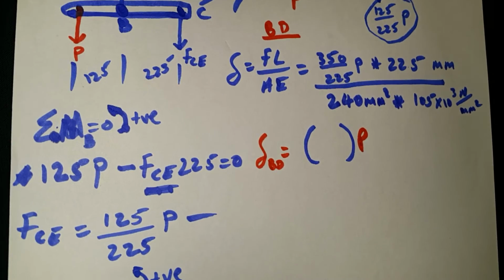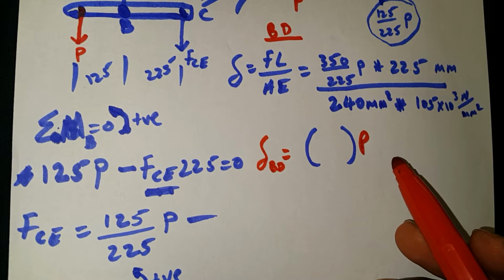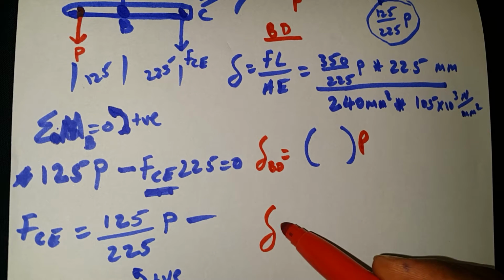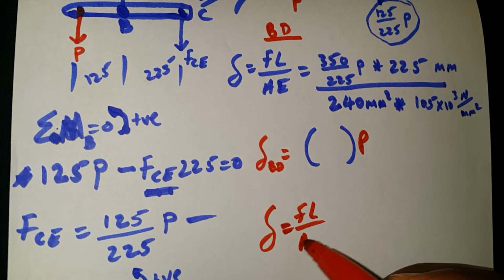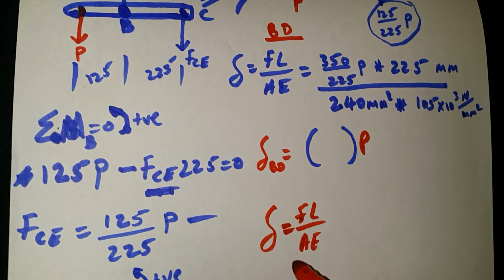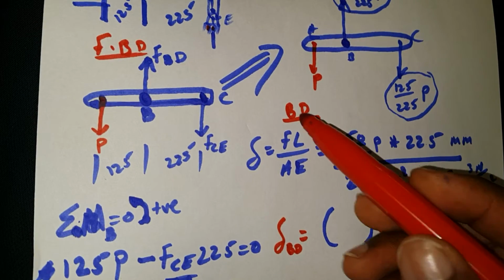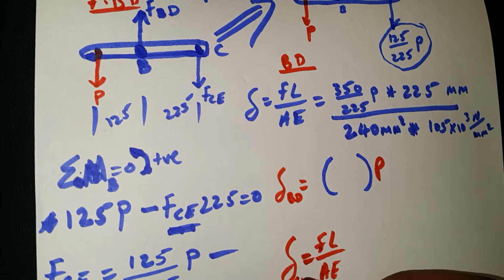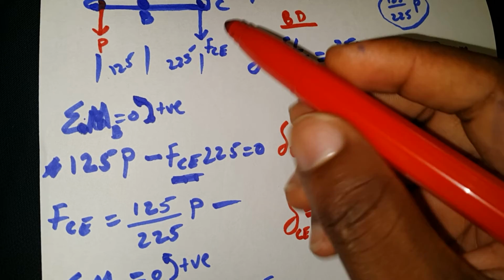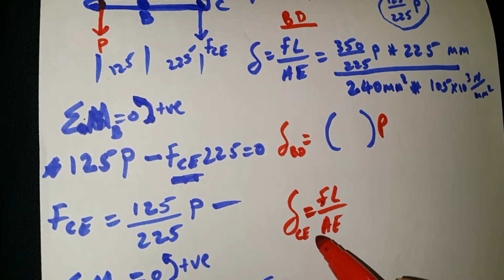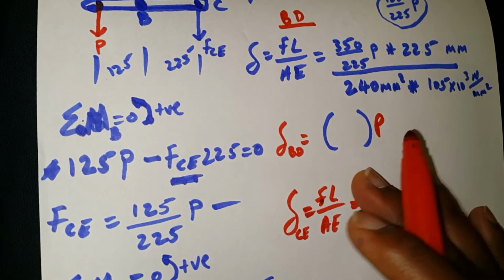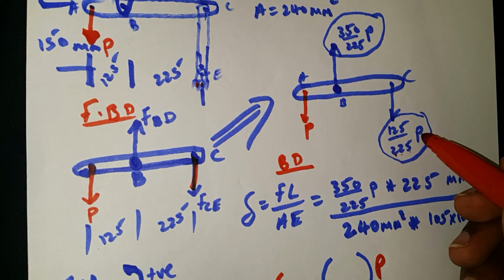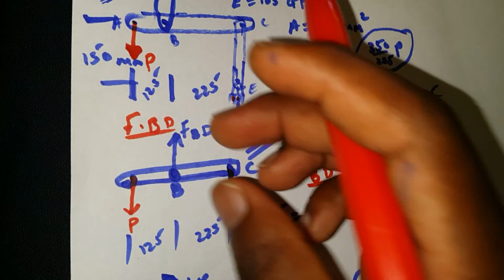So now we don't have much time. I'm trying to analyze it. So now you do the same at the second one, F L over A E. For CE, you do the same here, and the force here now for CE is 125 over 225 P. Then the distance is 150.